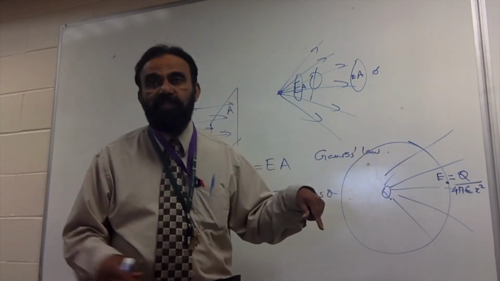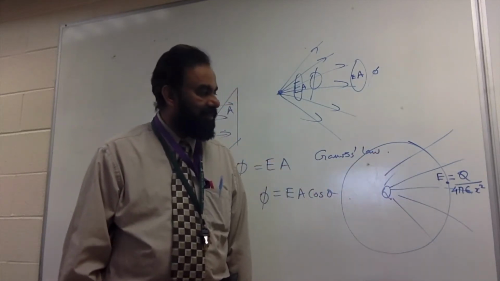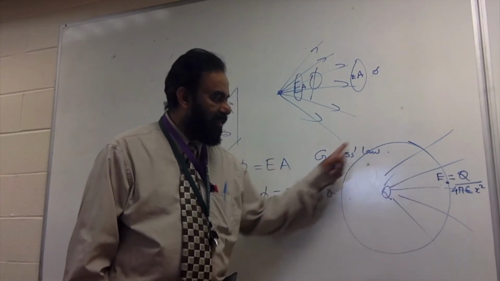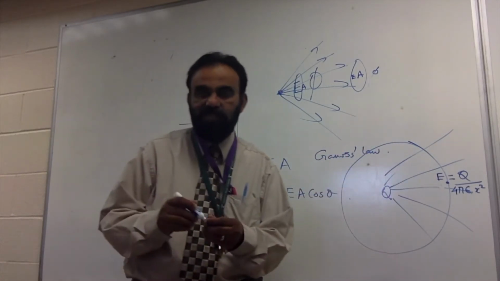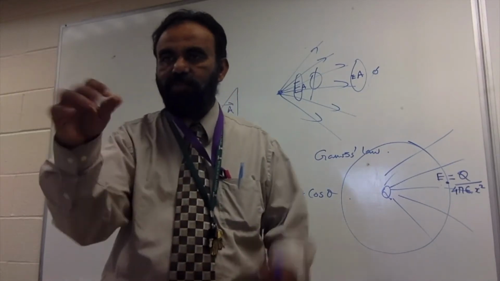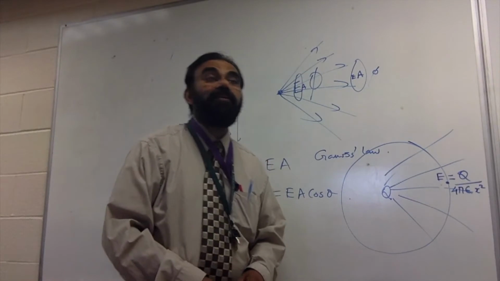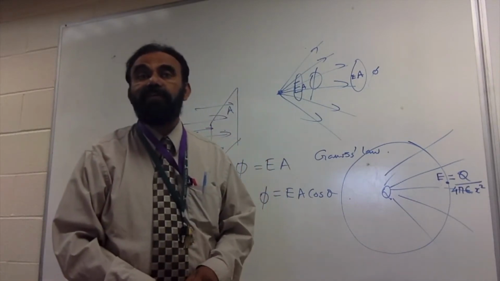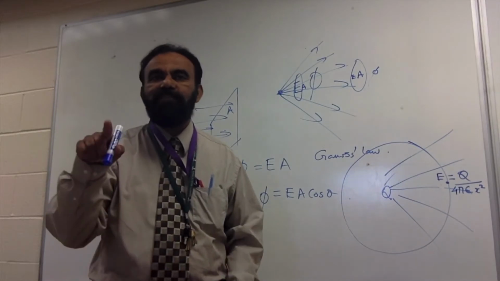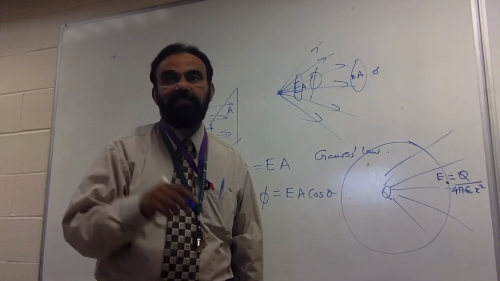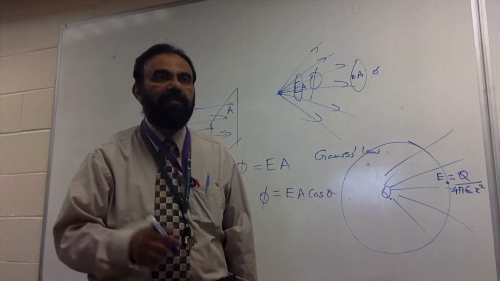And the simplest fence you can think of is to draw a circle. Now, once you draw a circle, what's the surface area of the sphere? It's not a circle, it's a sphere, because it's a three-dimensional thing. So this is a charge Q, and I'm making this fence around it. What's the surface area of a sphere? I'm not asking volume. Surface area. 4 pi r squared, right?